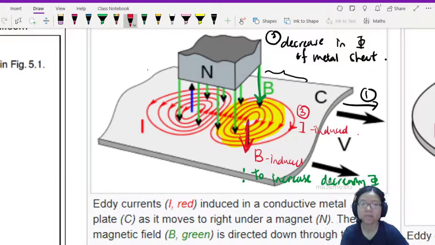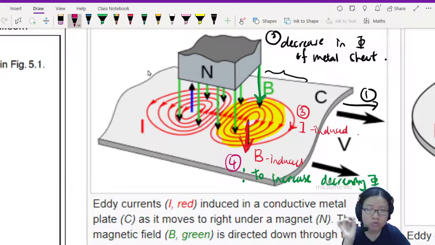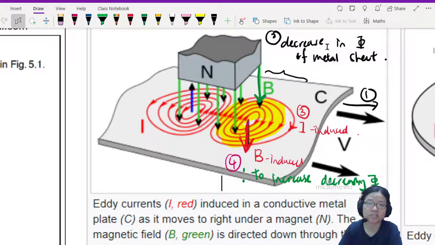Step 4, this current induced will flow in such a way to oppose the change. So what was your change? Your change was you have lost this green color magnetic field. You're like, I want to make back this green color field in the same direction, so the current will flow in this counterclockwise direction. Okay, so this is what is happening here. 1, 2, 3, 4.